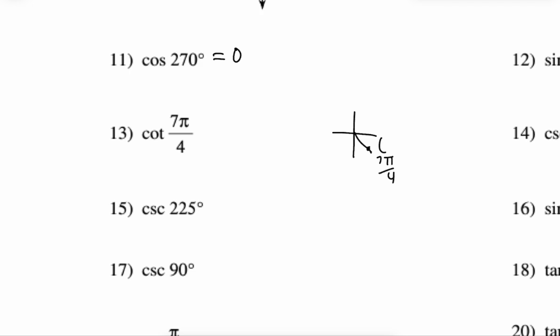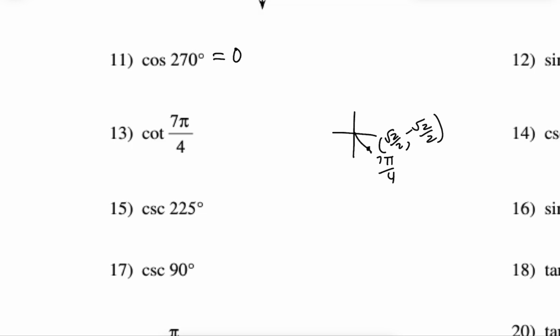And I want you to label the point. So that is the point square root of 2 over 2, negative square root of 2 over 2. Okay. So for every one of these, I want a very rough little sketch of where you landed and what is the point at that particular location.